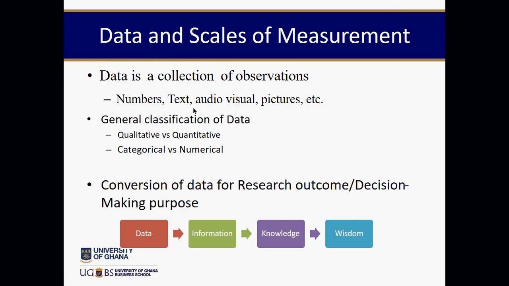Data can be numbers, text, audio, visual, pictures, and so on. For the general classification of data, we can classify data into qualitative and quantitative. Qualitative is more about words, whereas quantitative is more about figures, like numbers. You get it? So qualitative will be text and quantitative will be numbers.